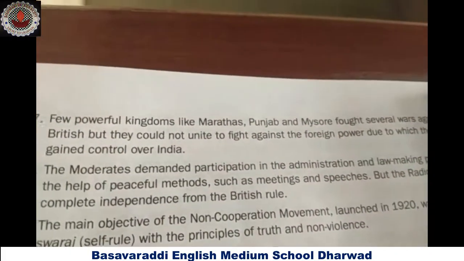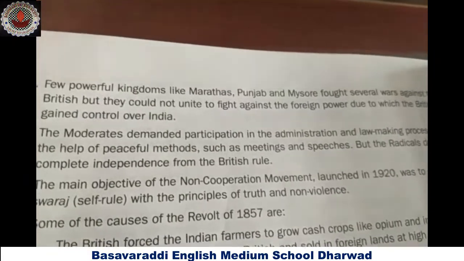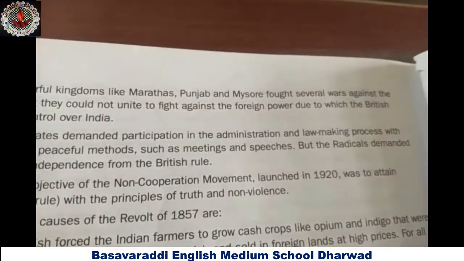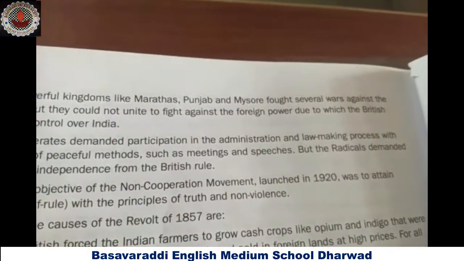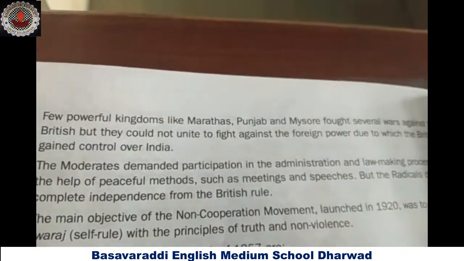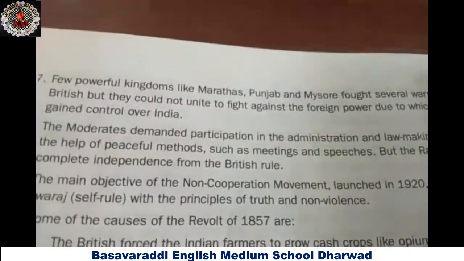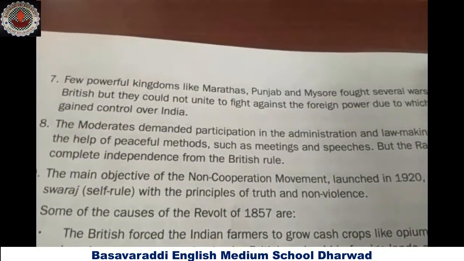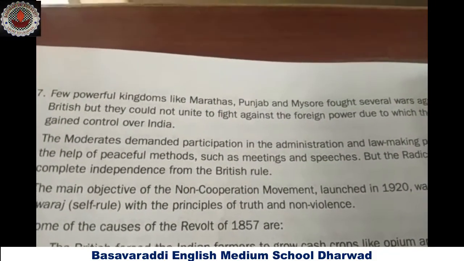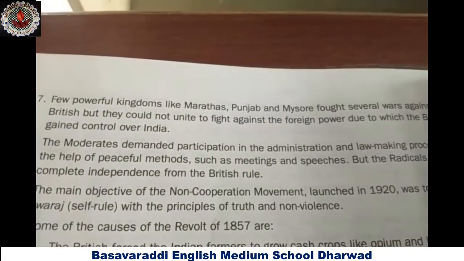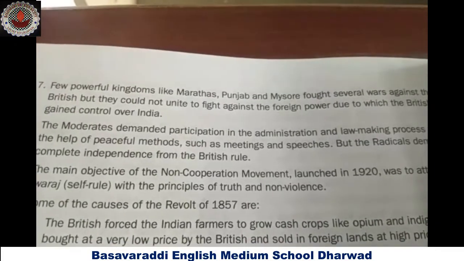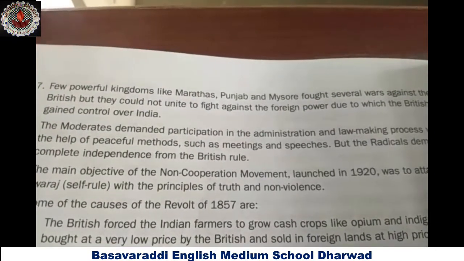Few powerful kingdoms like Marathas, Punjab, and Mysore fought several wars against the British, but they could not unite to fight against the foreign power, due to which the British gained control over India.